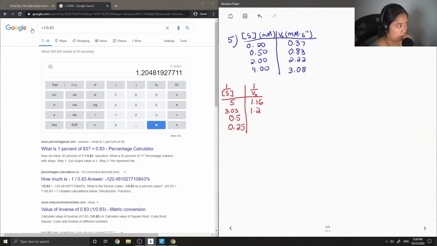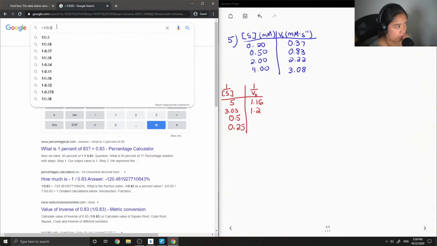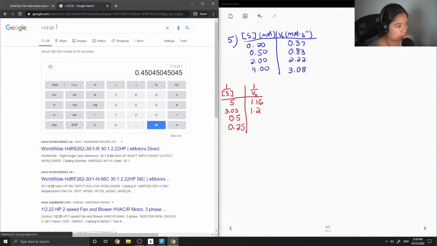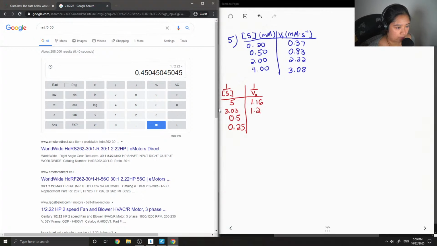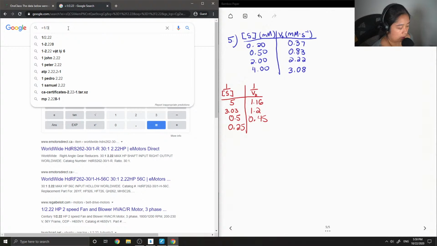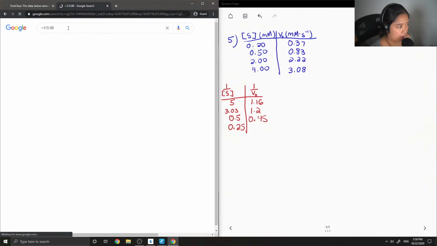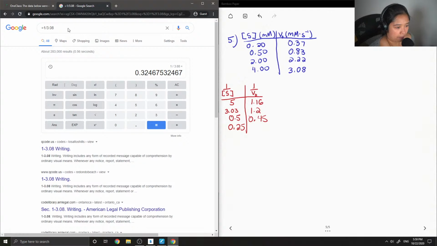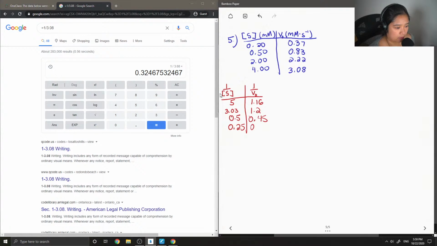And then let's do 1 over 2.22, which is 0.45. And then 1 over 3.08 is 0.32.